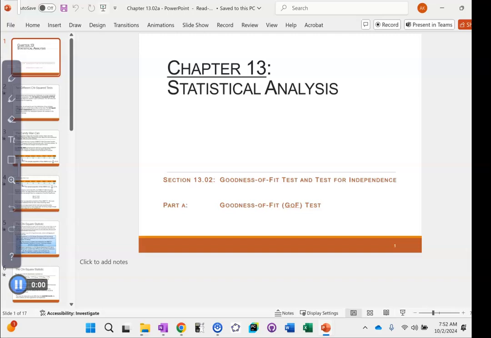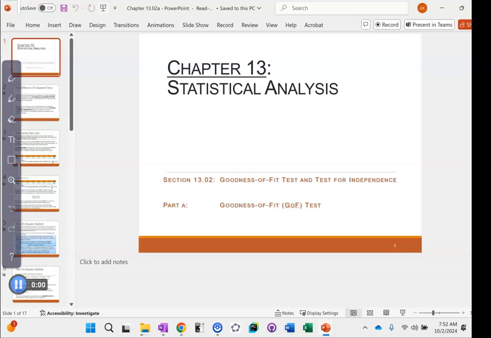Because you'll be doing a chi-square test and you'll have to verify the same thing for your IA. The first one is that our sample can't be too big. It has to be big enough, but not too big. And the second is that our expected counts have to be at least a certain size.